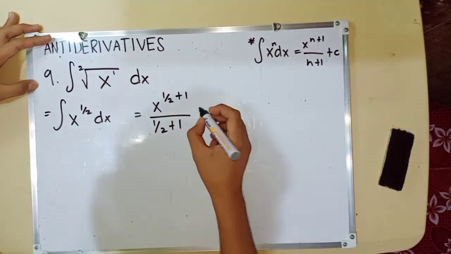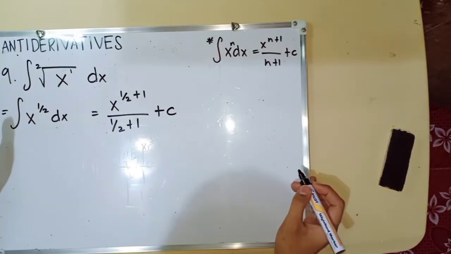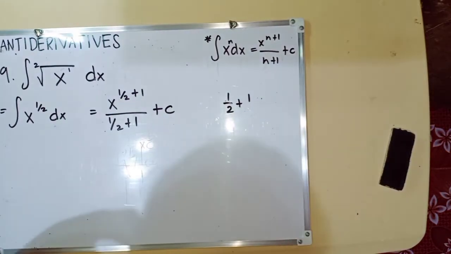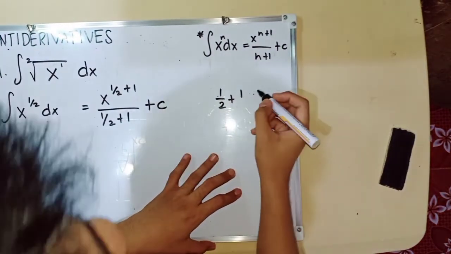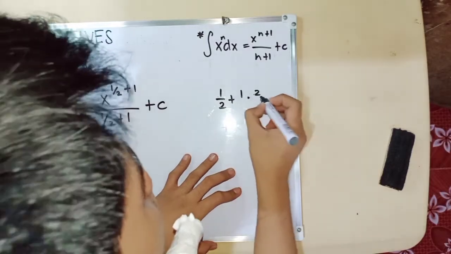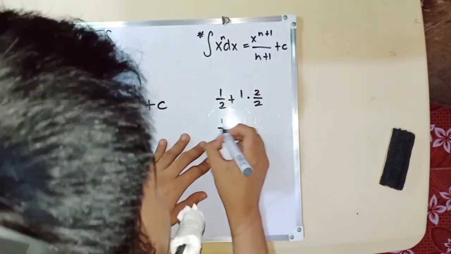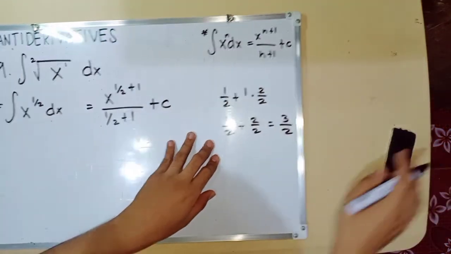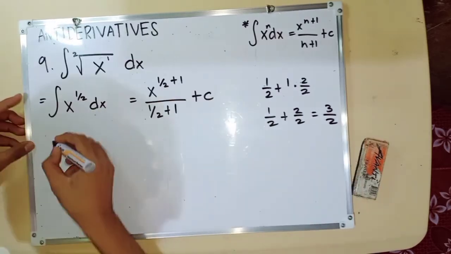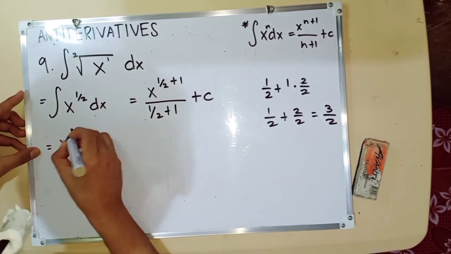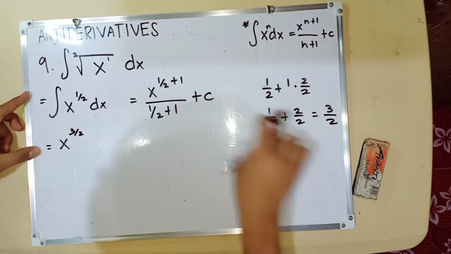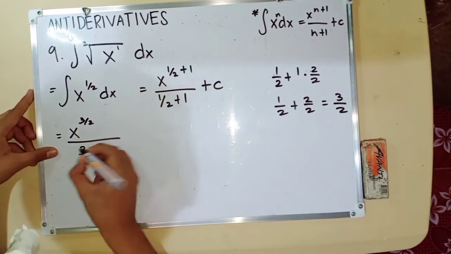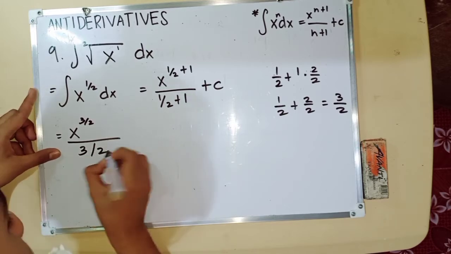At huwag natin kakalimutan ang constant of integration. So, 1 half plus 1, equal rin ito, i-times natin para magkaroon sila ng same base, i-times natin itong 1 ng 2 over 2. So, magiging 1 half plus 2 over 2, which is equal to 3 halves. So, x raised to the power of 3 halves, dahil 1 half plus 1 is 3 halves. Then, 1 half plus 1 is equal to 3 over 2 plus c.